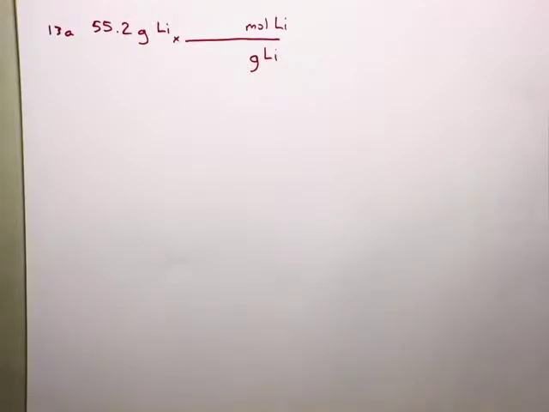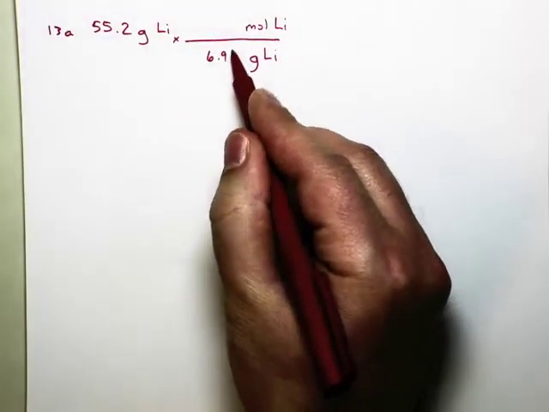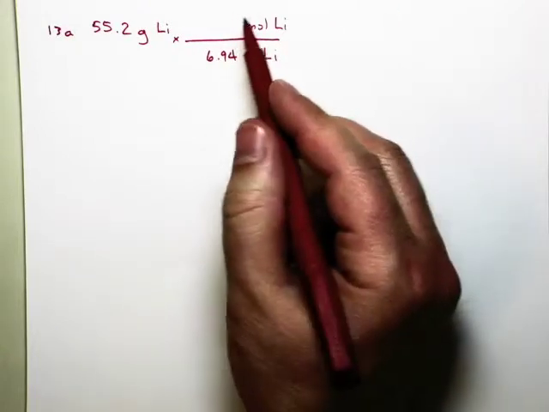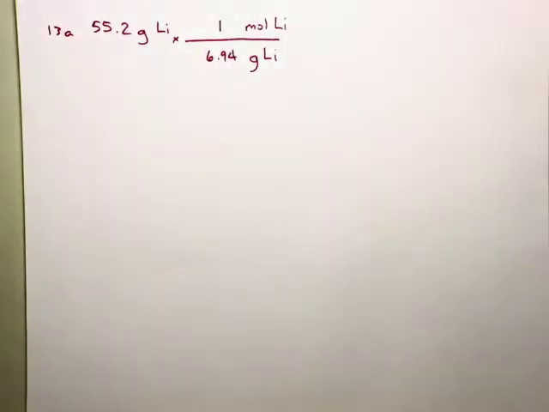So we go to the periodic table, we look at the S block, and we find lithium's value. It is 6.94. That is the amount present in 1 mole of lithium. It's called its molar mass.